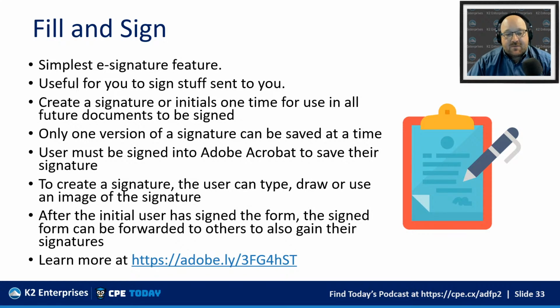Now, there's a couple of different things that you can do inside of Acrobat. The simplest of these features is the tool called Fill and Sign. And this is the simplest of the form features inside of Acrobat. What's cool about Fill and Sign is that it's really not a tool for creating forms for other people, as it is a tool for you to be able to complete forms that you need to fill out and maintain.